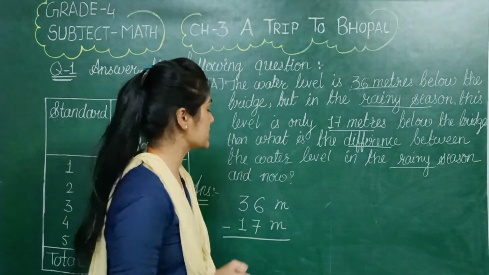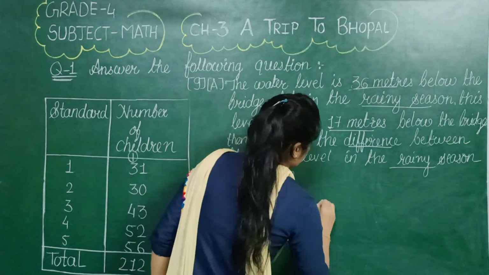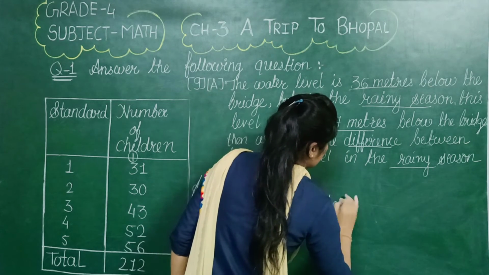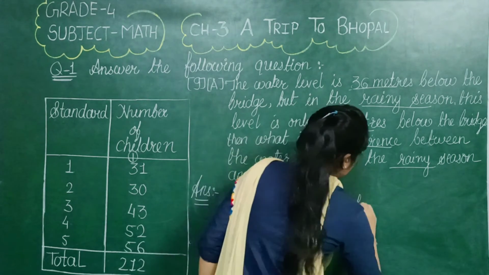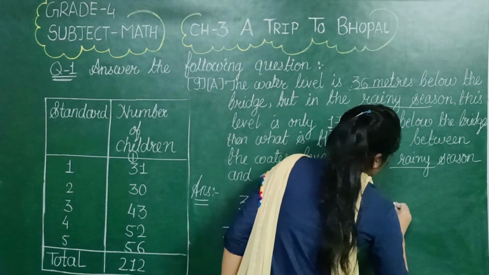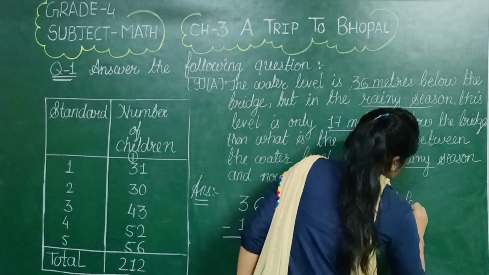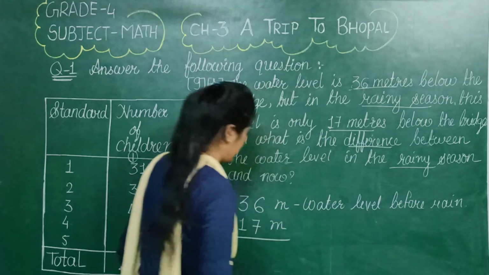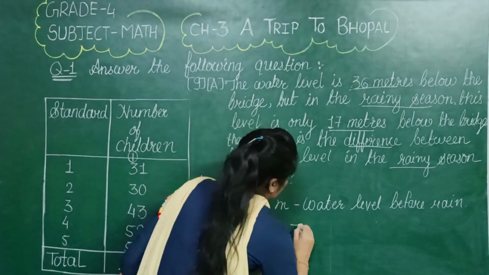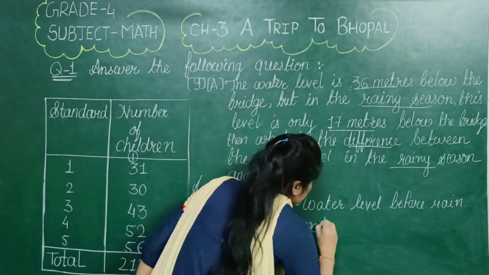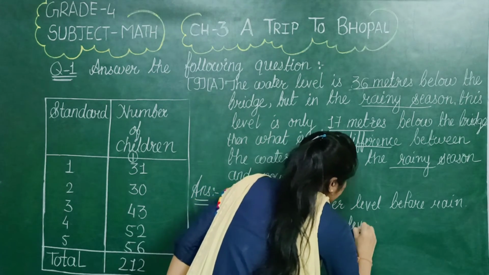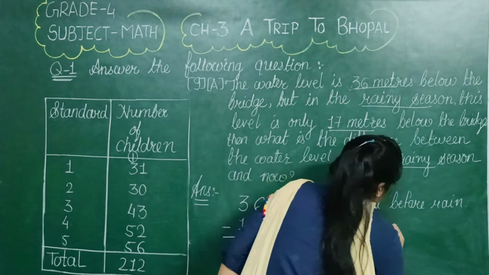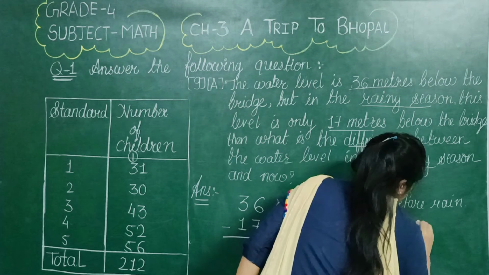In front of 36 we can write water level before rain, and 17 meters is the water level in the rainy season.